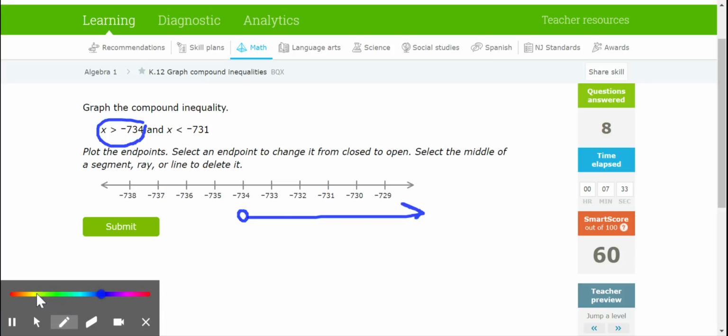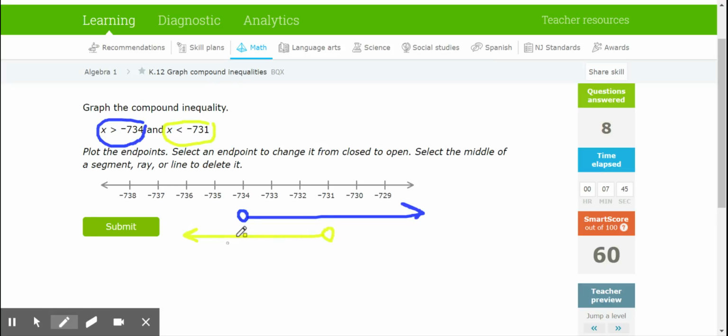And we'll go yellow here. We've got x is less than -731. We have an open circle, line extending here. Now, an and statement is an overlap, and we overlap from here to here. So anything in between meets both conditions simultaneously.